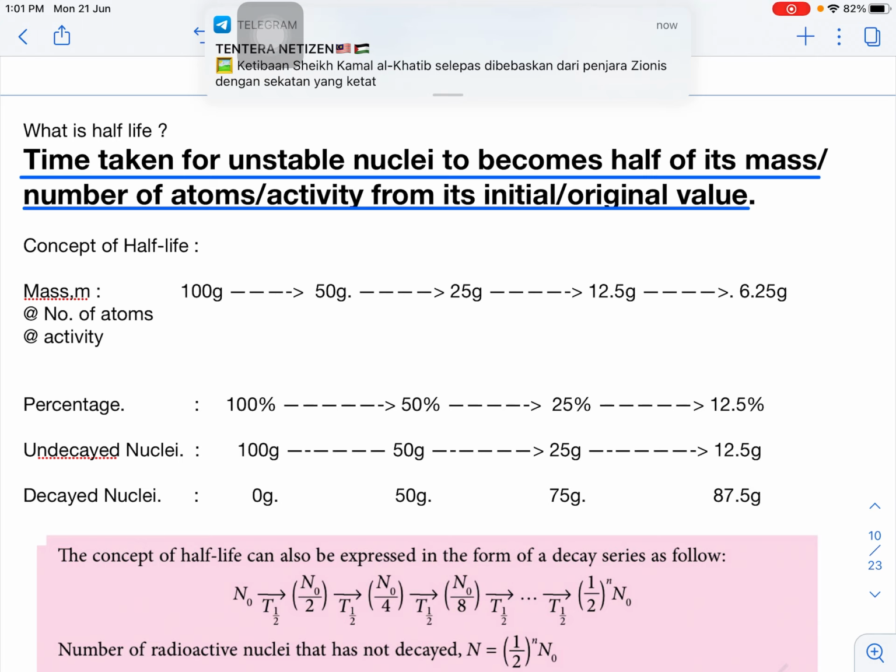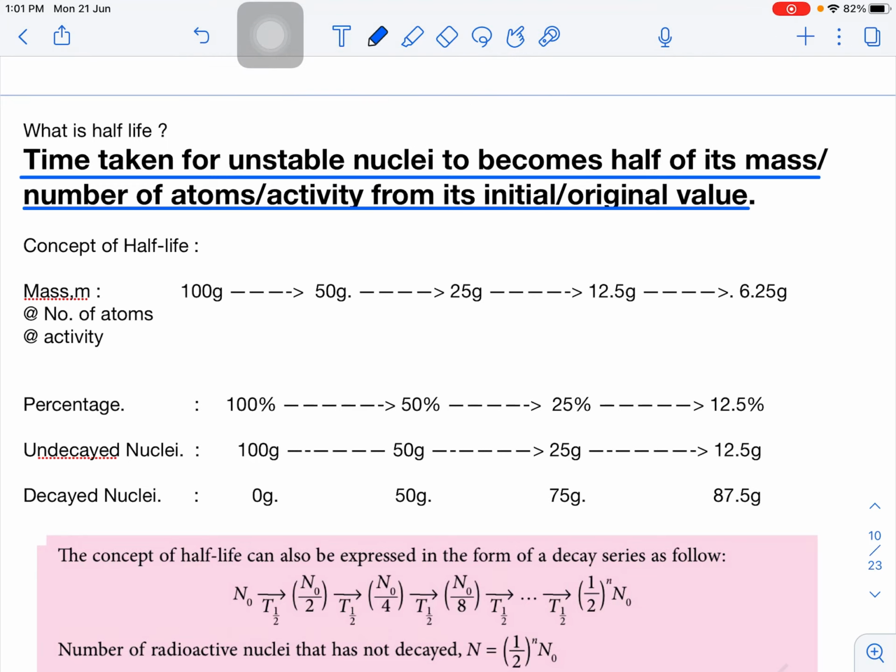Half-life is the time taken for unstable nuclei to become half of either the mass, the number of atoms, or the activity. Activity is the rate of emissions, the number of radioactive emissions per unit time. That is activity from its initial or original value.